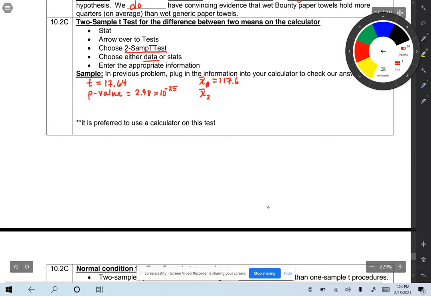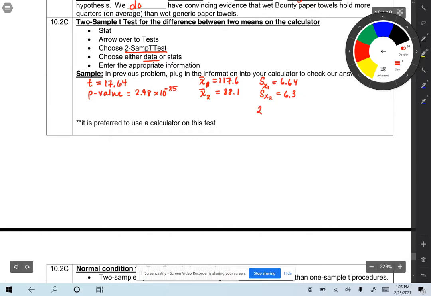This is what it shows on the calculator, x bar 1, x bar 2, so I'll just leave it like that. And then the standard deviation of x1 was 6.64, and the standard deviation of the second, generic, was 6.3. There we go.